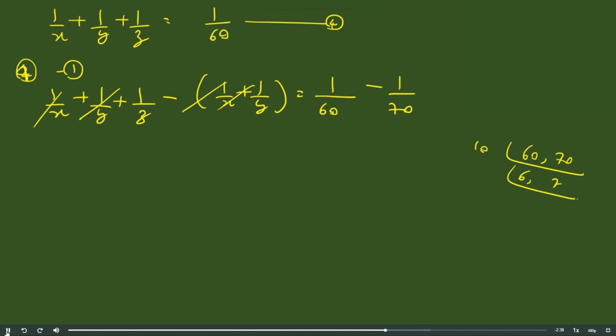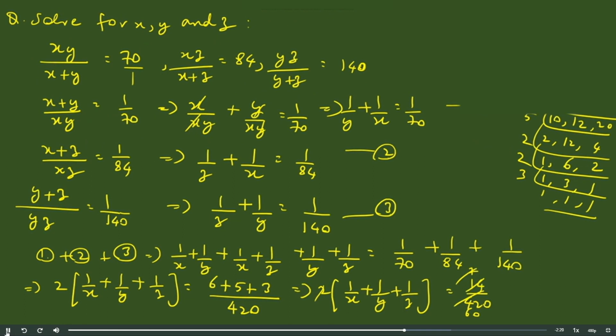Now 1 by z is equal to, LCM of 60 and 70 is 420, 7 minus 6. z is equal to 420.